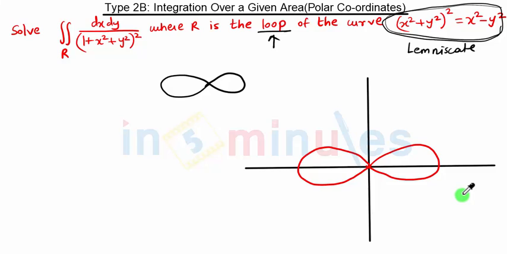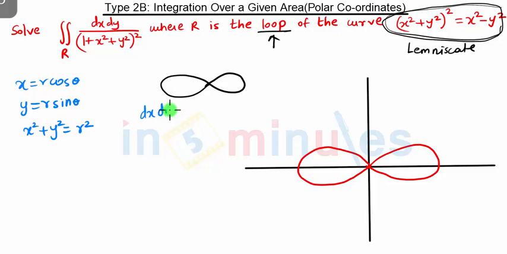Remember, whenever we have complex curves like the lemniscate, we have to convert our Cartesian coordinates into polar coordinates. The substitution will remain the same. We put x equal to r cos theta and y equal to r sin theta, so x square plus y square will be r square, and dx dy will be r dr d theta. This is the basic conversion.